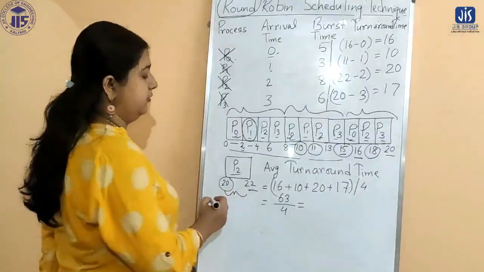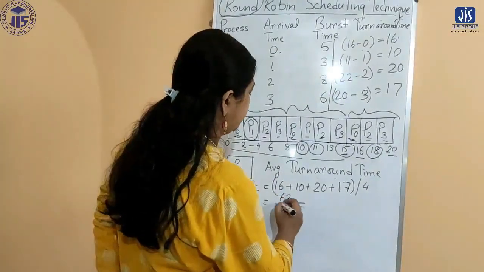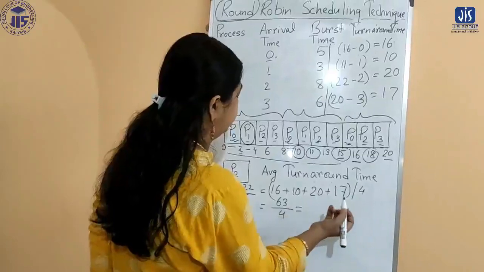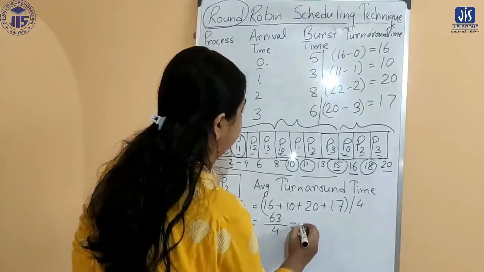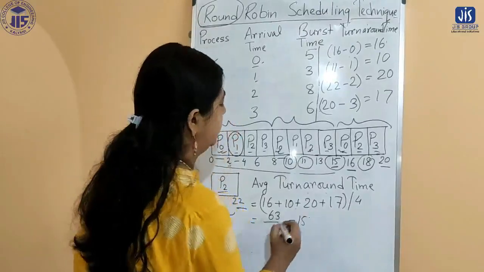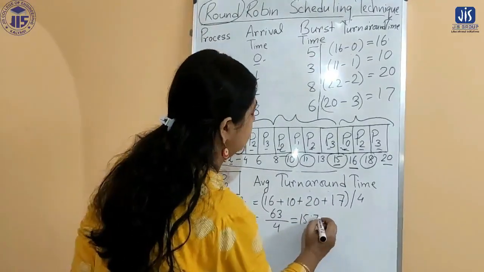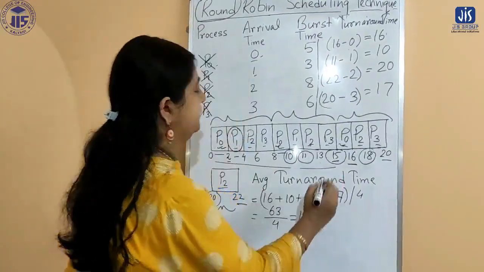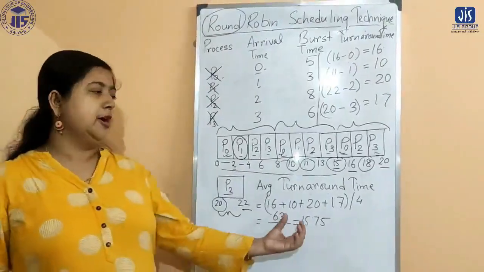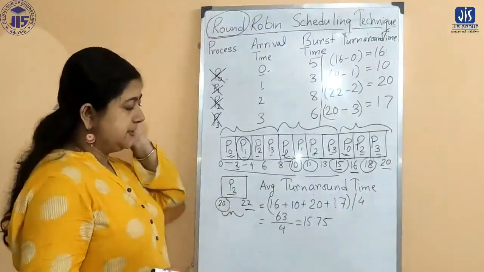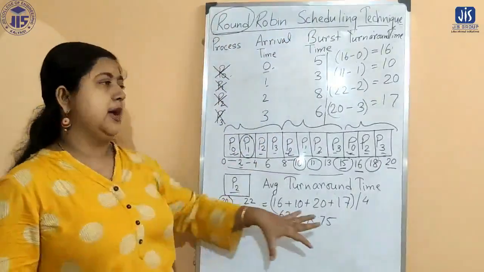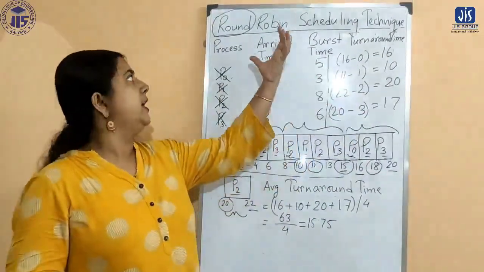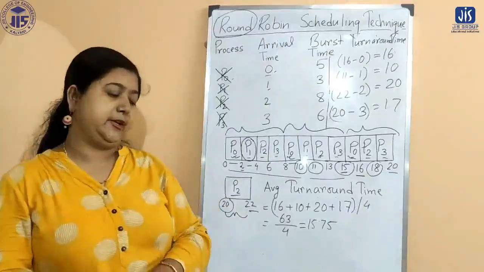So the value will be, I think, 15.75. 15.75 units is basically the turnaround time for this total example with the help of the round robin scheduling technique.